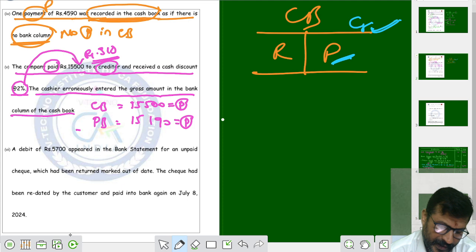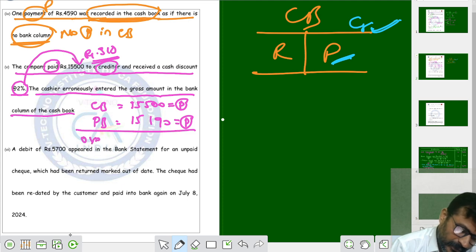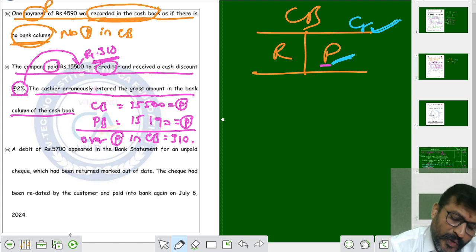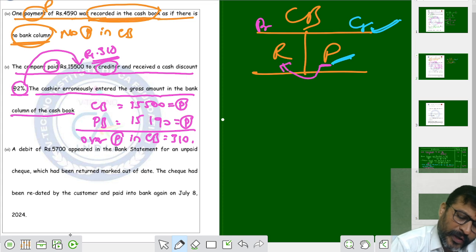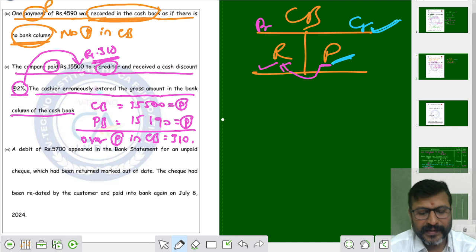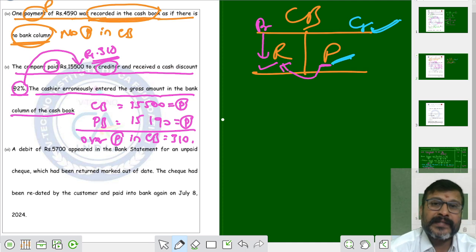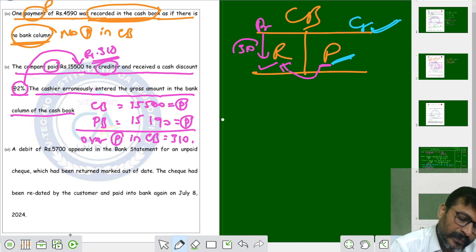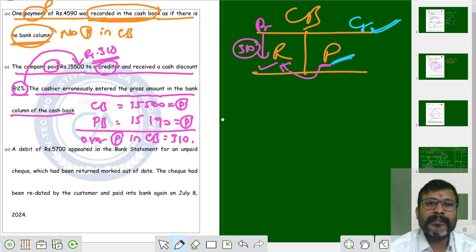So what happens here? Overpayment in the cash book by rupees 310. Overpayment in the cash book means over credit in the cash book. Over credit means where do we have to take it? We have to take it on the opposite side, that is, the debit side, with an amount of 310.